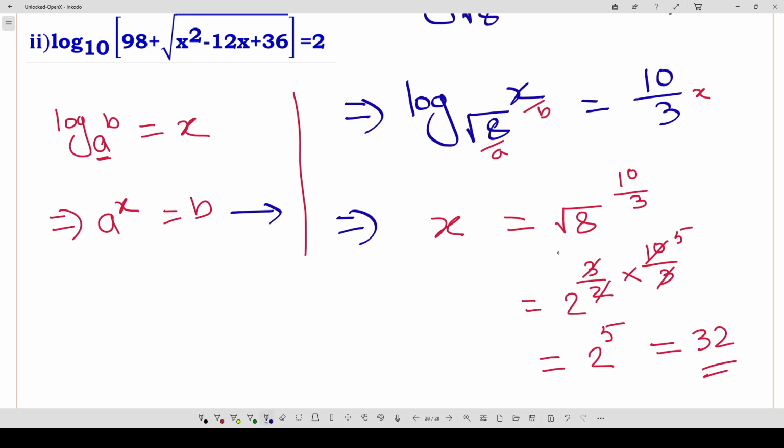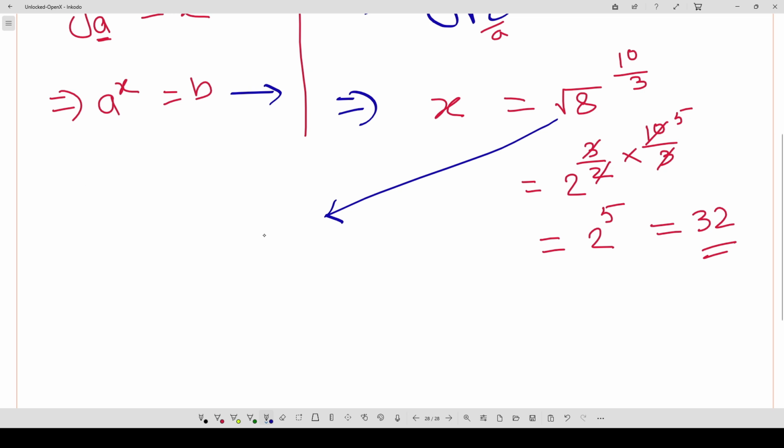If you have any question here, we can simplify like this: root 8 and here is 10 divided by 3. Against 8 we can write 2 to the power 3.